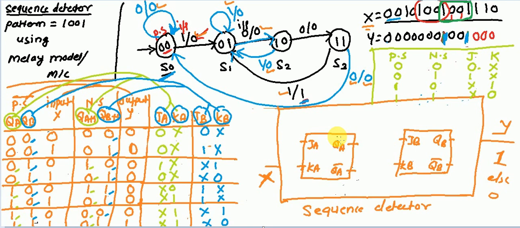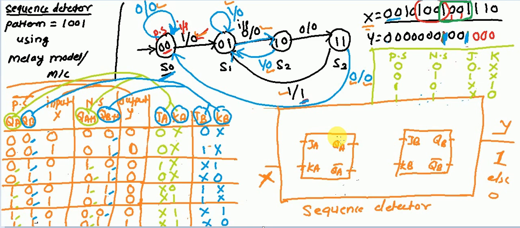So if you see here, the question is asked for designing the sequence detector for the pattern 1001. So here number of bits are equal to 4. Therefore we will be having 4 states in a state diagram.